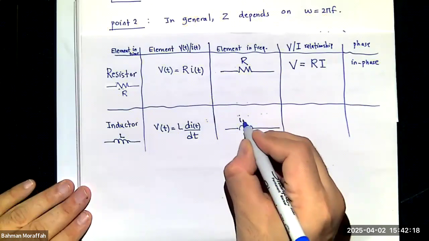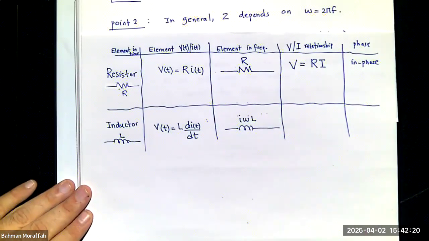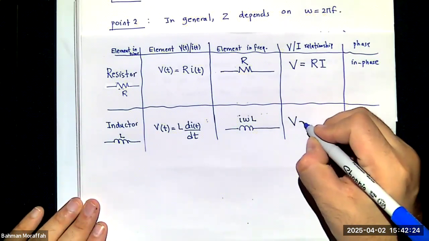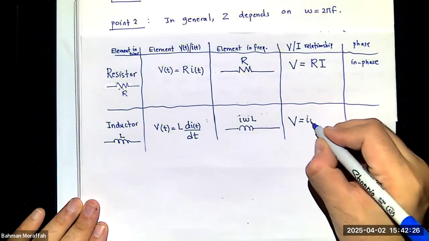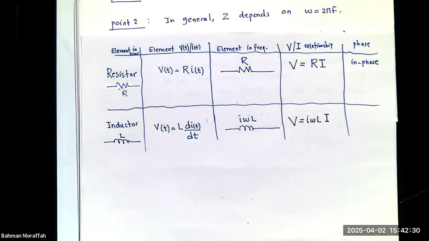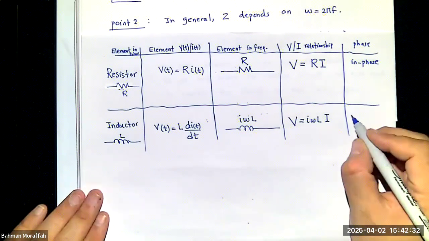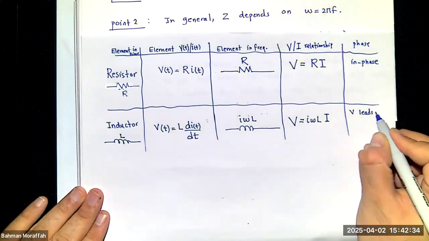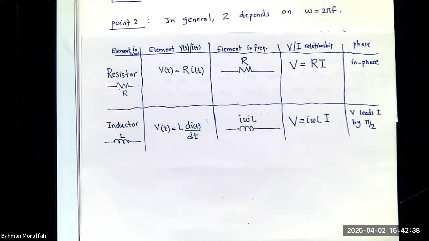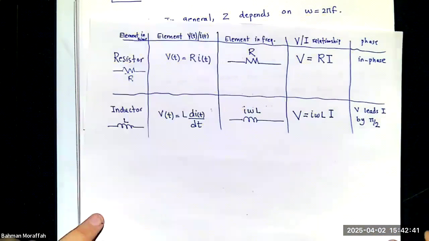I have to replace the value by i omega L. I know the phasor relationship is V equals i omega L times I. And we know V leads I by pi over 2, or 90 degrees.